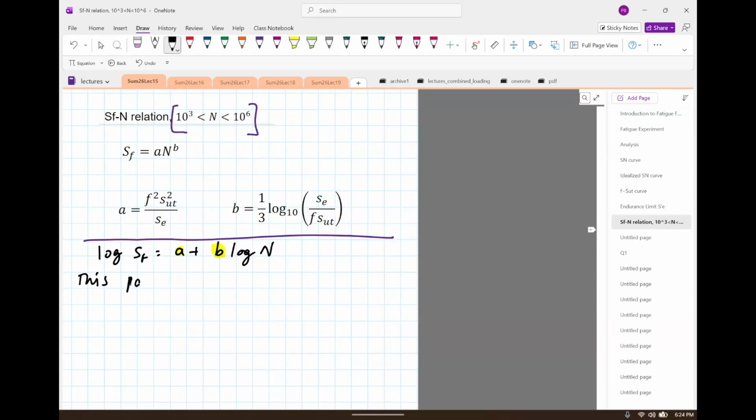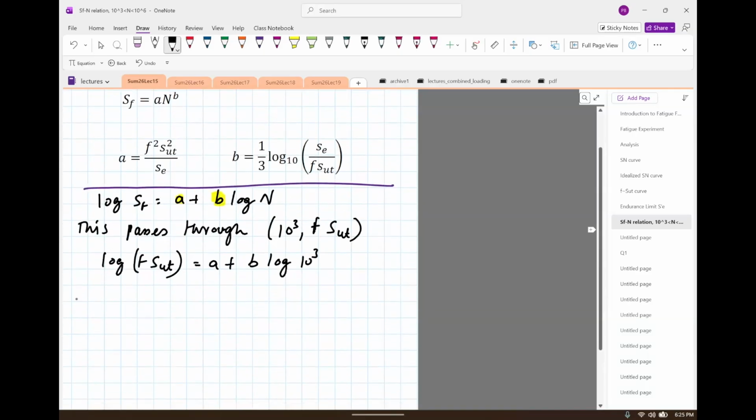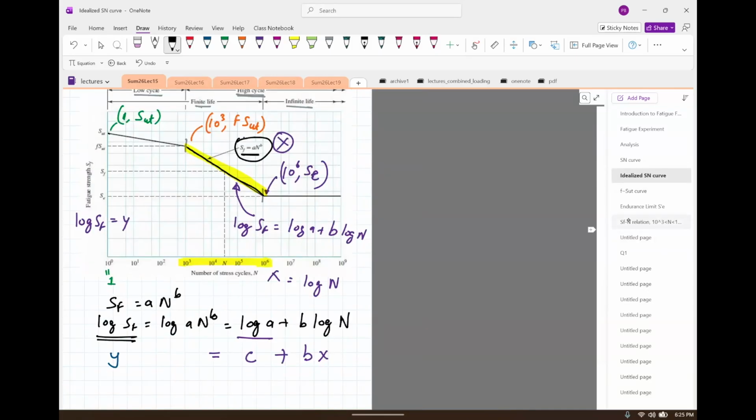This passes through 10 raised to 3, F SUT. So we substitute: log F SUT equals A plus B log 10 raised to 3. And the other point it passes through is 10 raised to 6, SE.